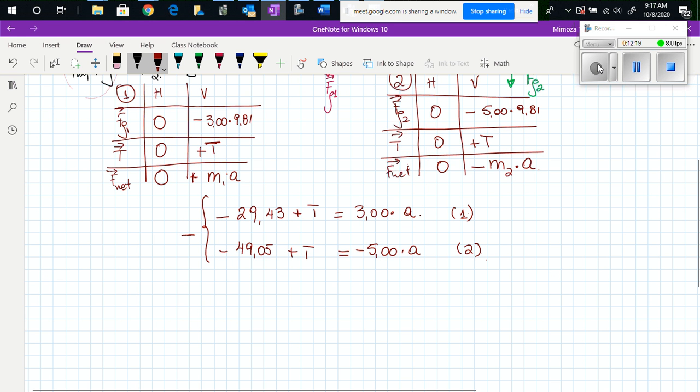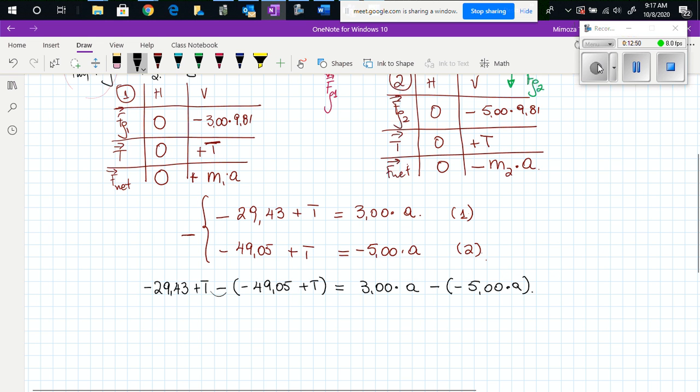And when we subtract the two equations, what we will have is negative 29.43 plus T minus negative 49.05 plus T equals 3 times a minus negative 5 times a.